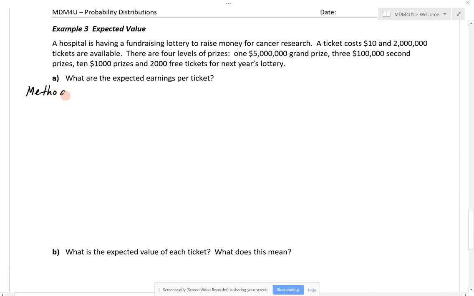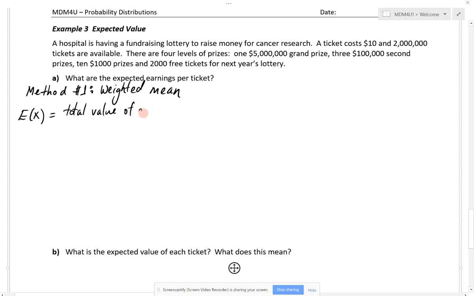So method 1, weighted mean. The expected value, E of x, is equal to the total value of all prizes divided by the number of tickets sold.